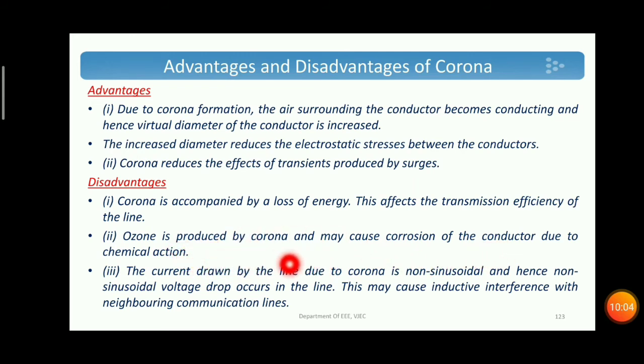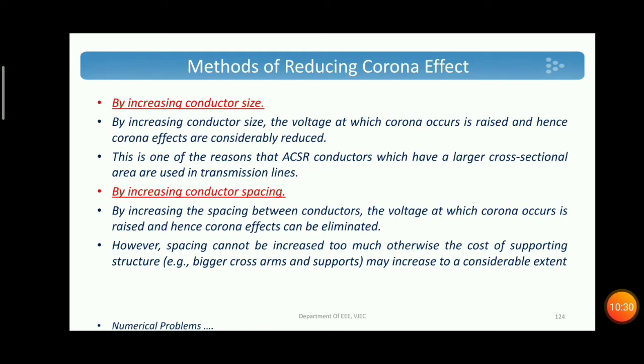The current drawn by the line due to corona will become non-sinusoidal, because the corona discharge may have frequency other than 50 hertz. So the current may become non-sinusoidal, so the voltage drop also may become non-sinusoidal, which causes radio interference with neighboring communication lines. These are the disadvantages and advantages of corona.